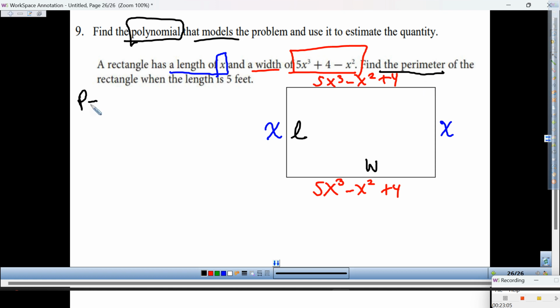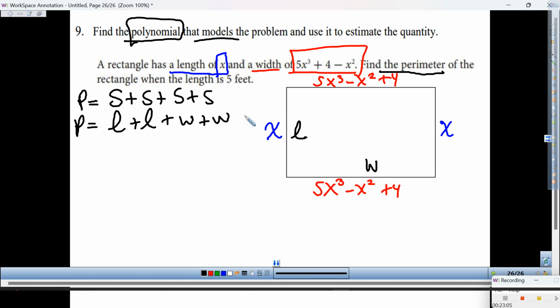So, perimeter is side plus side plus side plus side. So the perimeter is length plus length plus width plus width. Yes? And you guys are taking copious notes. Okay, very good.